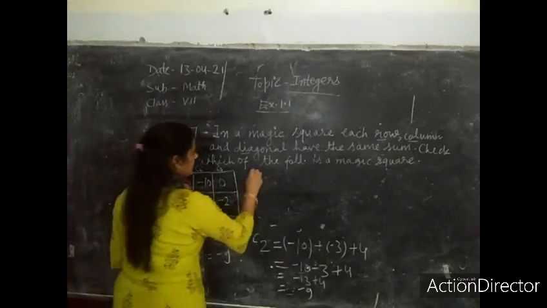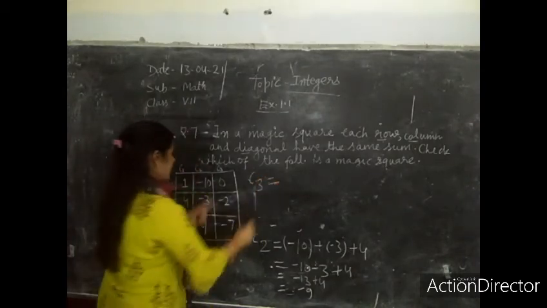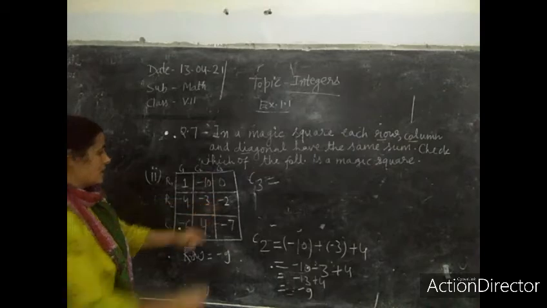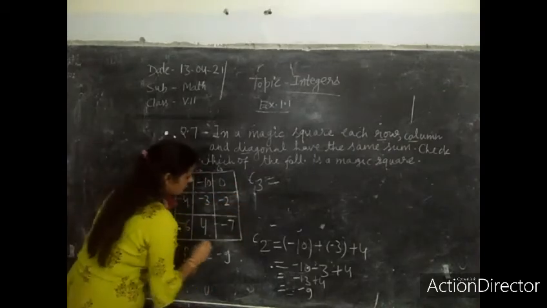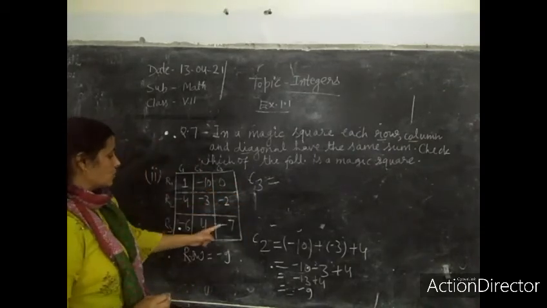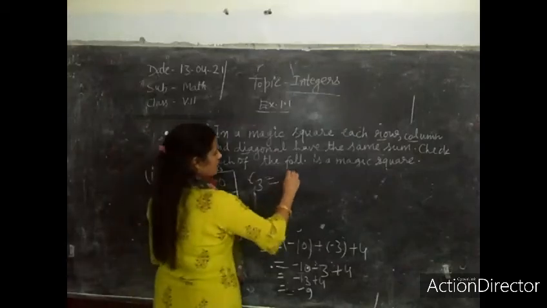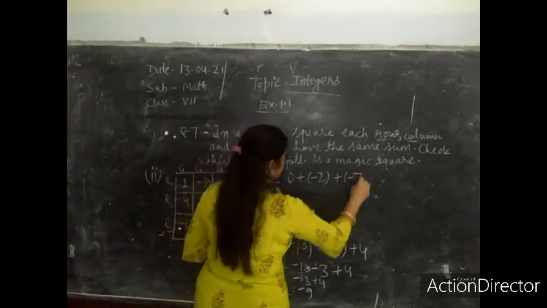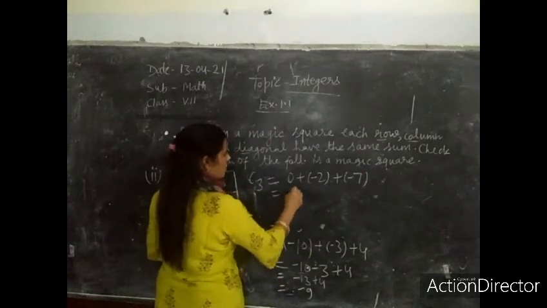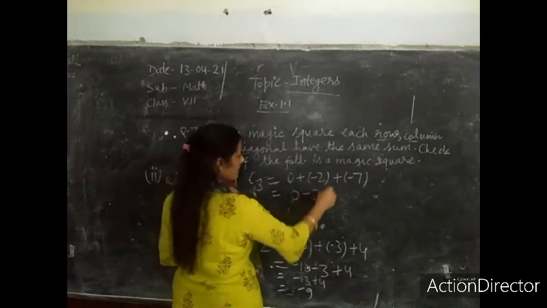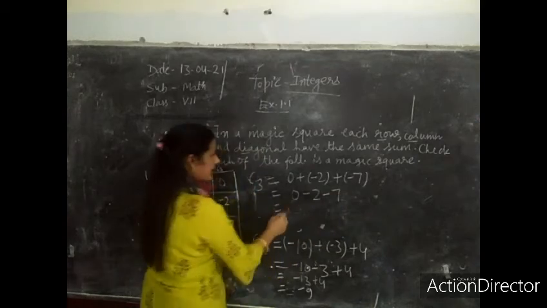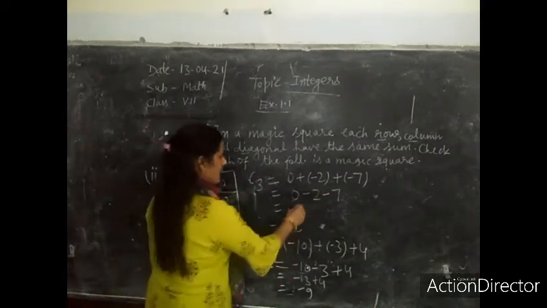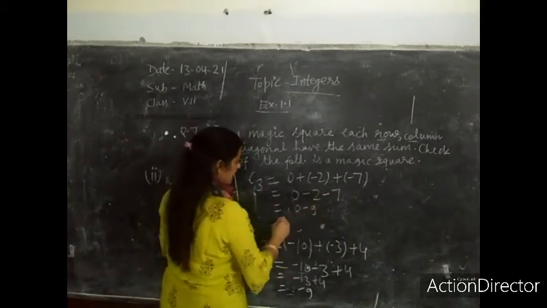Now what about C3? Mark C3 here. The integers in C3 are 0, minus 2, minus 7. 0 plus minus 2 plus minus 7. Now add them. Plus minus will become minus. Again, minus 2 minus 7, 0 minus 9.